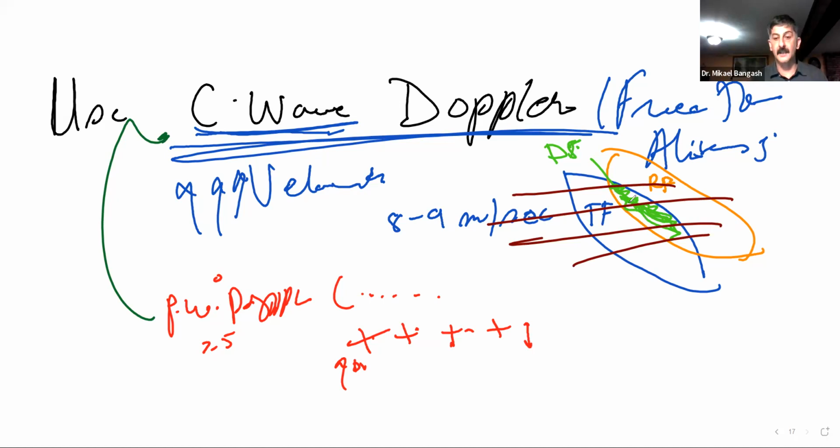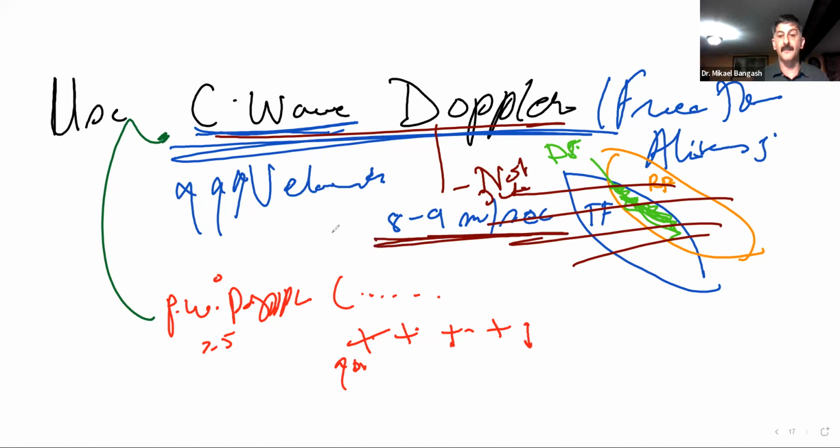Its main disadvantage is that it is not site specific. But it is able to record up to high velocities without aliasing. So that was its main advantage: we got rid of aliasing.